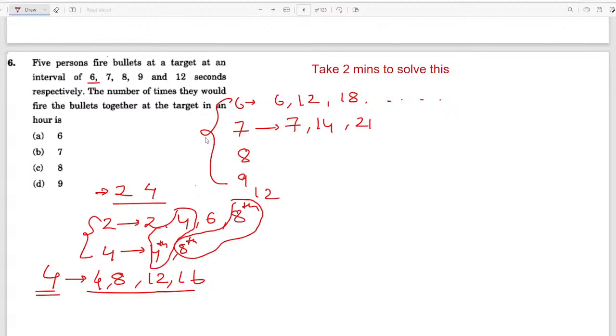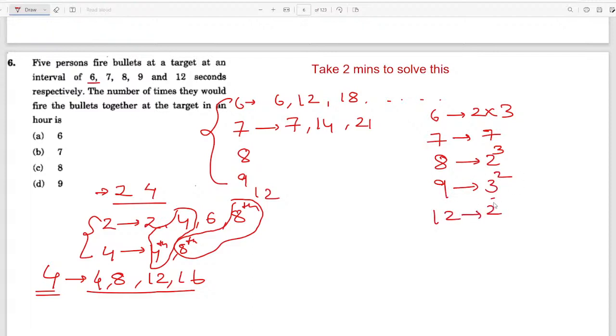I'll calculate the LCM through the factorization method. 6 can be written as 2 into 3. 7 is a prime number, so I can directly write 7 here. 8, I can write as 2 cubed. 9, I can write as 3 squared. 12 is 2 squared into 3.